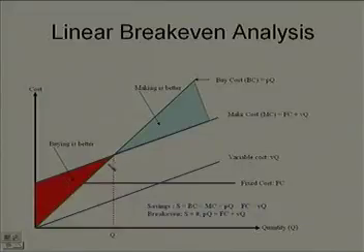However, if you think that the quantity requirement would be more than this value, what do you find? Making is better. So, such kind of analysis also is possible using break-even analysis.